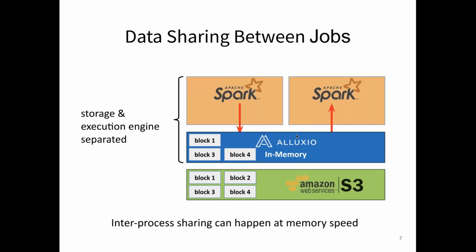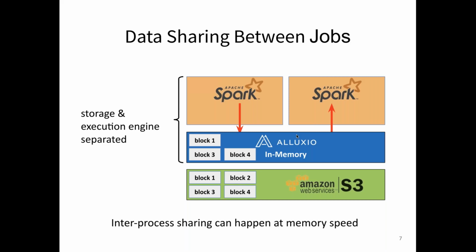Note that with Alluxio 2.0, we also have an async persist functionality, which means you can choose whether you want to persist this data in the background to S3. For example, if the first Spark job is writing to Alluxio, and you want the next Spark job to read from Alluxio, then once the first Spark job finishes writing to Alluxio, the data will be available for the next Spark job.